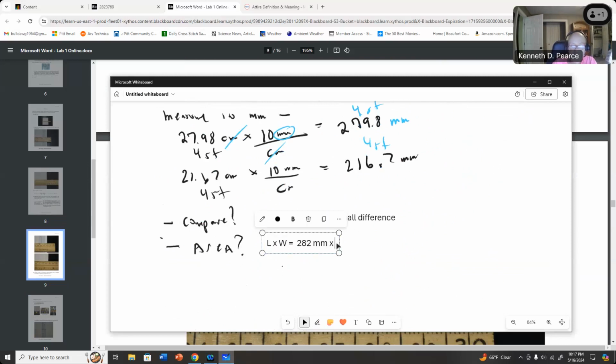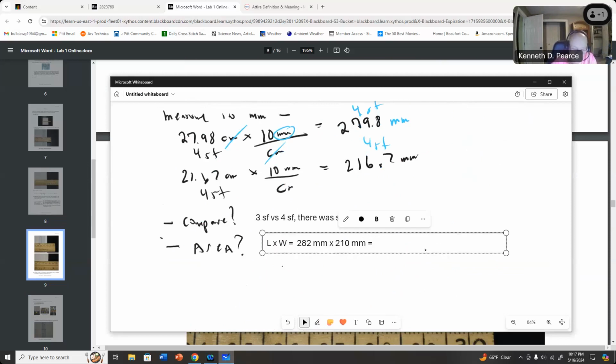And so we come on down here and we say times 210 millimeters. And then that's something we can put in our calculator. We'll drag this over so it's on one line. And we say 282 times 210. And I get 59,220. Go ahead and type it in.